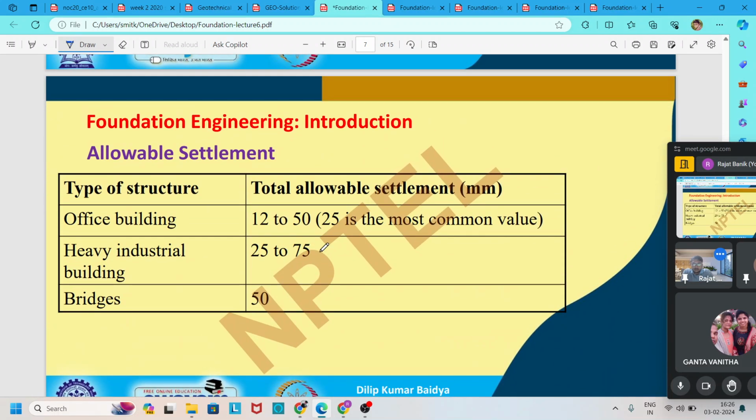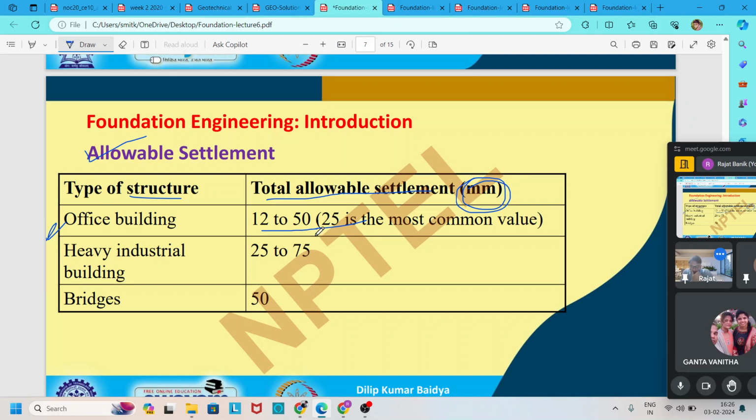Now there are some given allowable settlements we need to check during our construction for different types of structure. So for an office building, the total allowable settlement should not be greater than 12 to 50 mm. You should remember the unit is in mm.